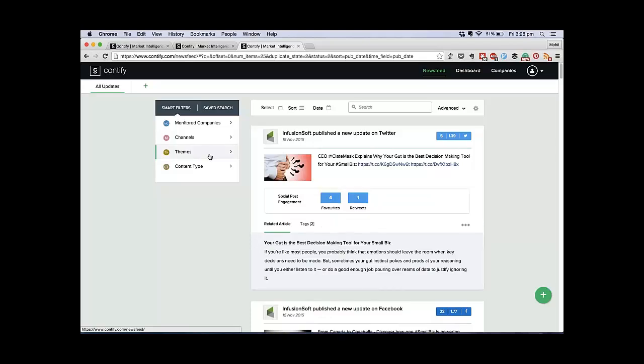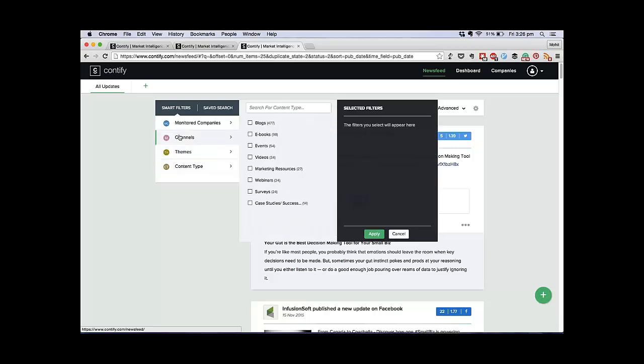Let's reset this. There is something very interesting that we have been able to achieve in this platform, which is tracking the emails. Anyone can see what a company is publishing on their Facebook channel, Twitter, or LinkedIn, which are public. But what about the emails that they are sending to their customers and prospects? In this tool, you can filter by channels, emails.